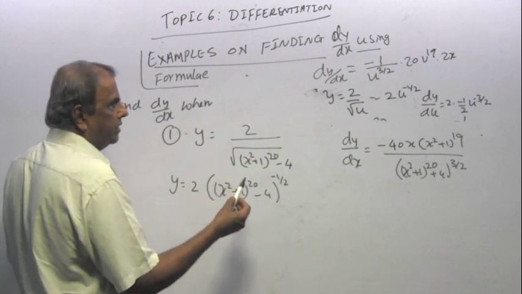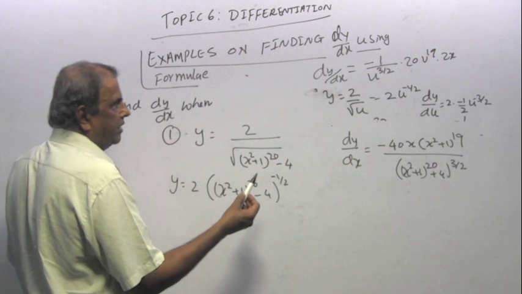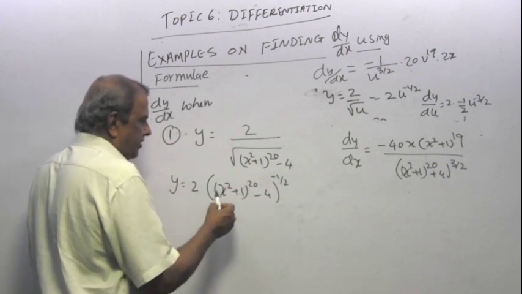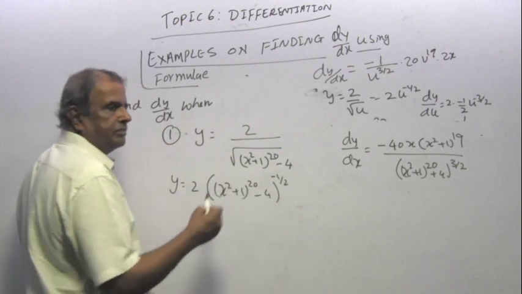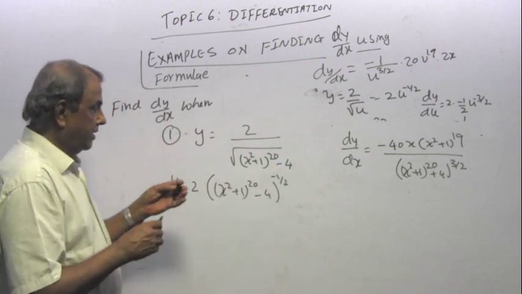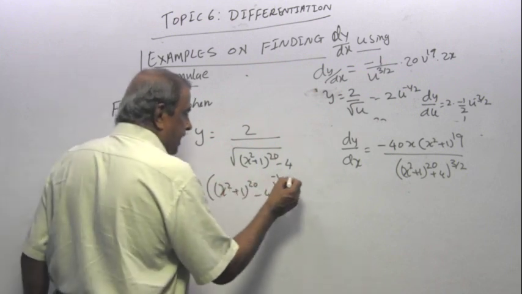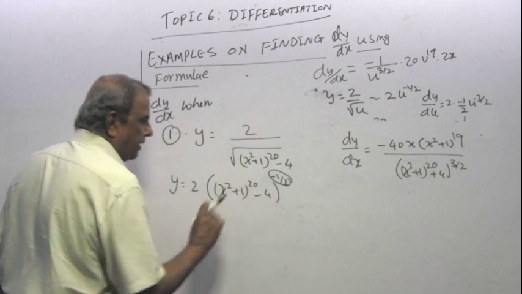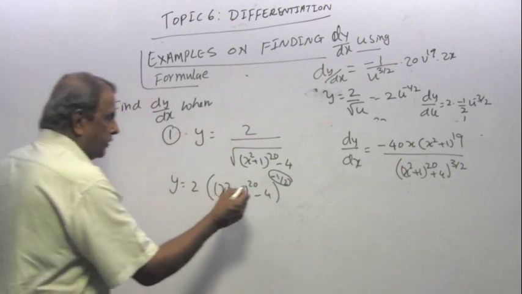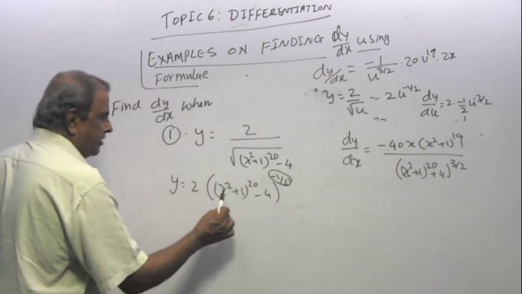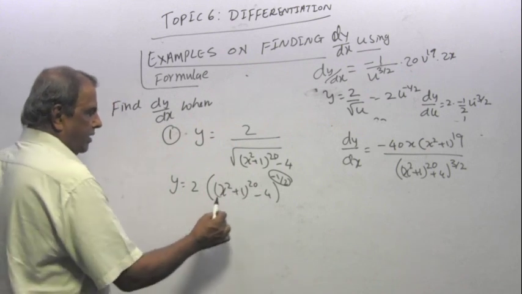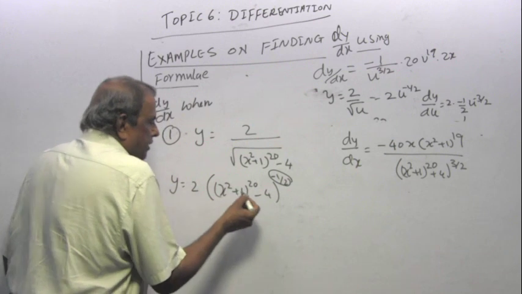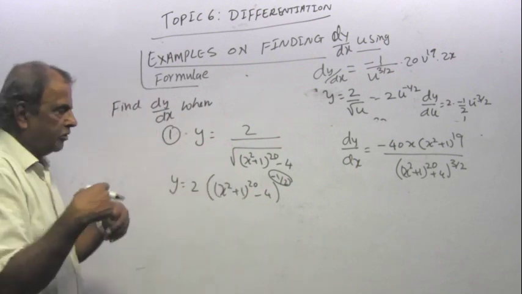And the third layer is that minus 4. In other words, when I am differentiating the minus half, this thing will remain the same. When I am differentiating the 20, this thing will remain the same. When I am differentiating x squared plus 1, 2x will come out.